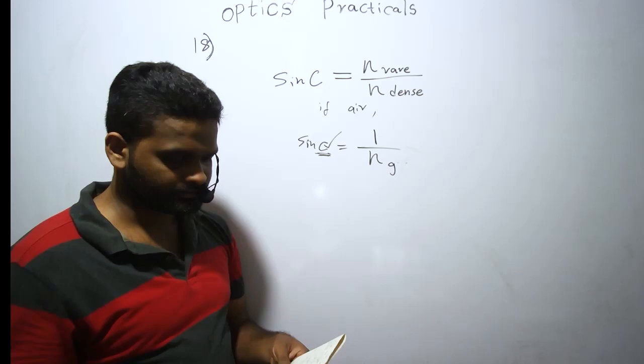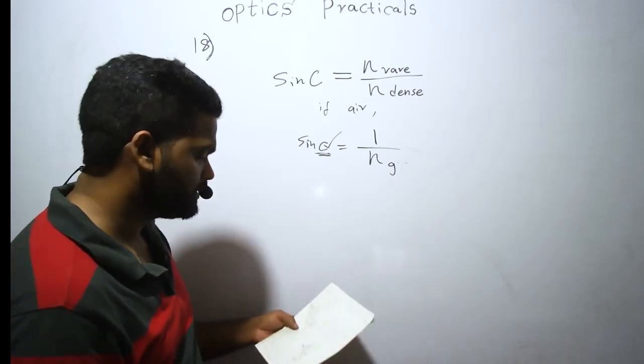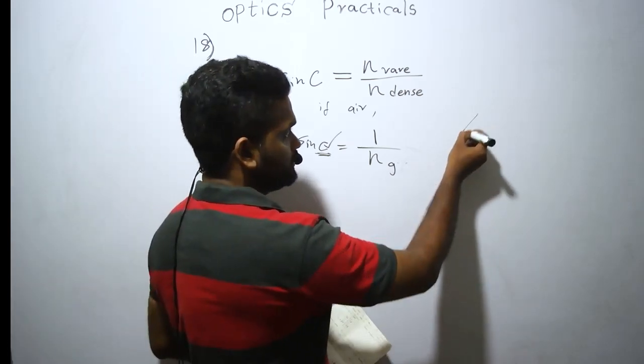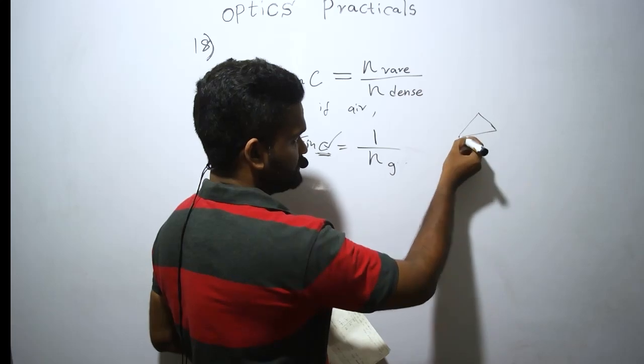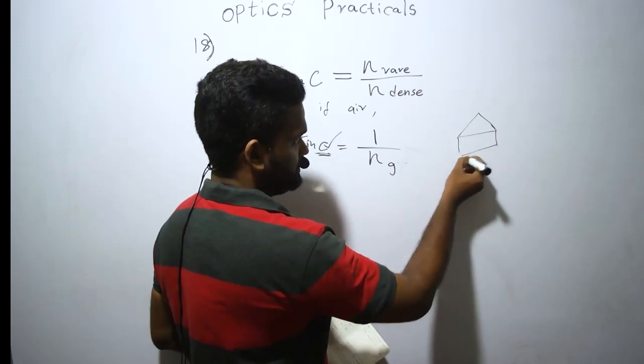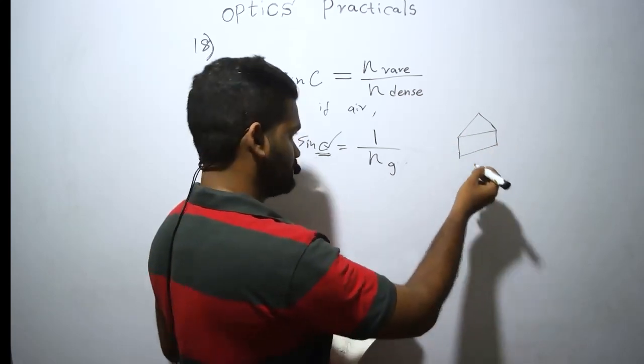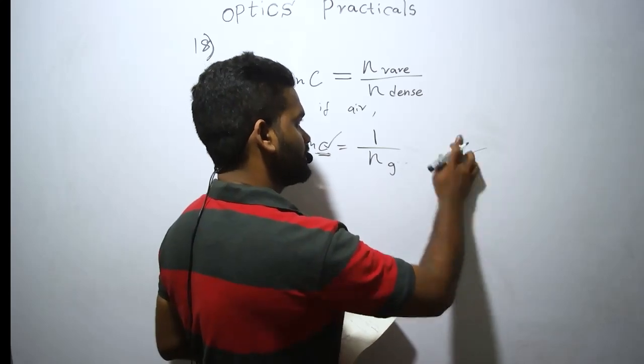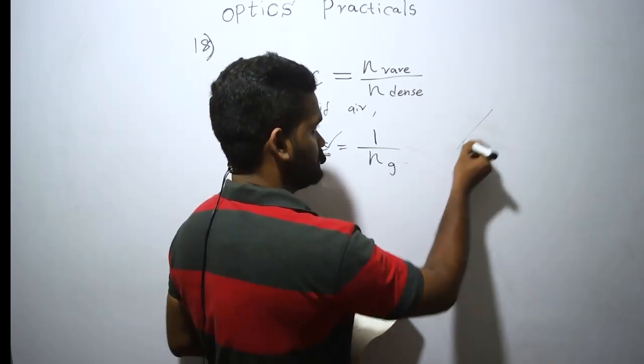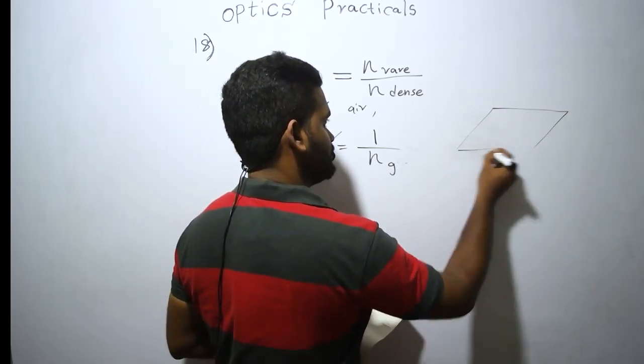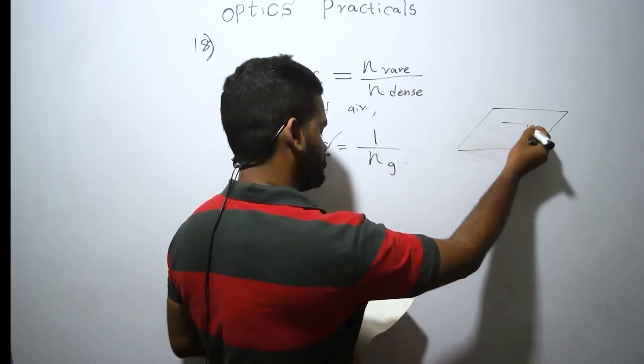Take this down. So for this as well, we have a similar procedure, right? You can take this down as well. So you have the paper and a prism on the table.